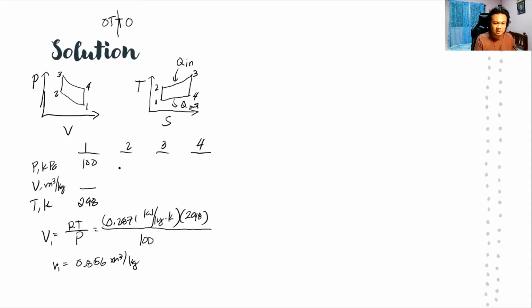So let's put lines here. So this indicates that the values that are underlined are obtained and not given.